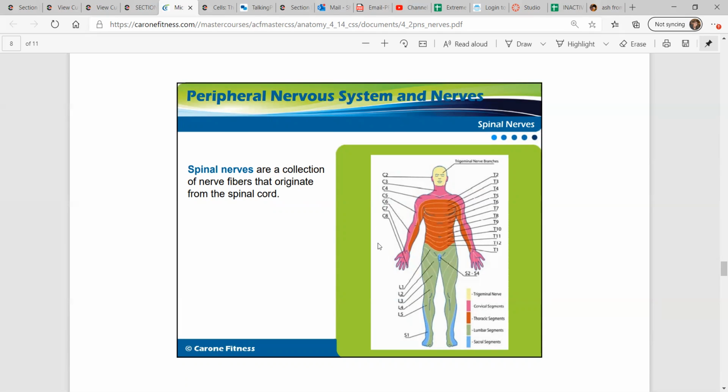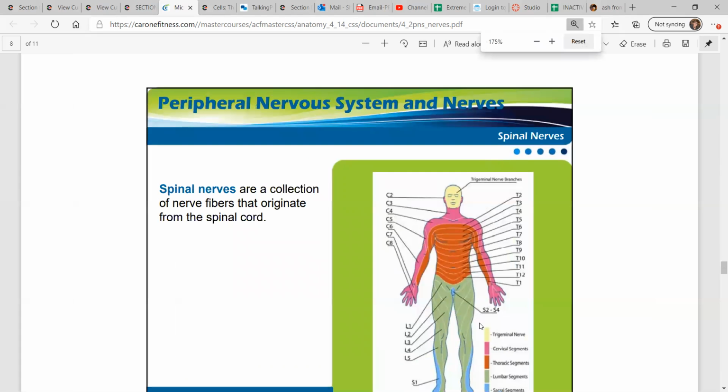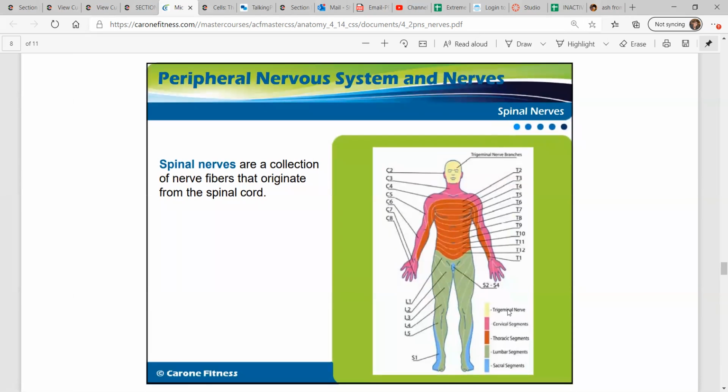And here we classify the spinal nerves into certain sections, C, T, L, and those can be seen here in this picture. And that explains which are which.